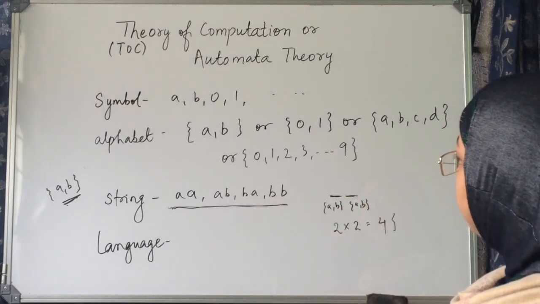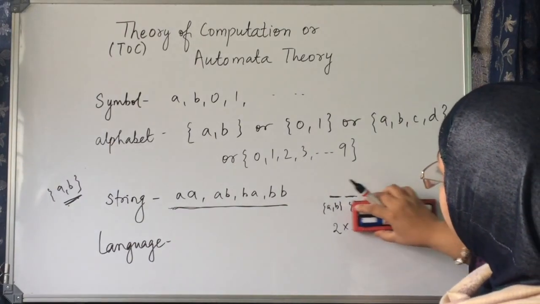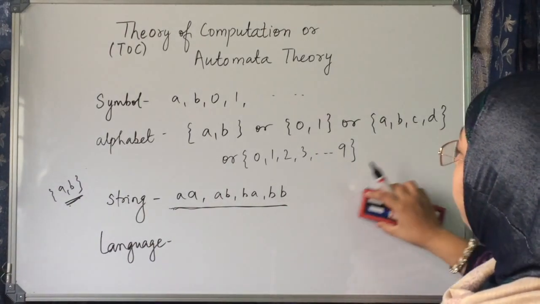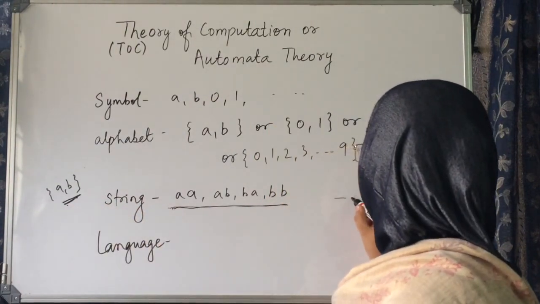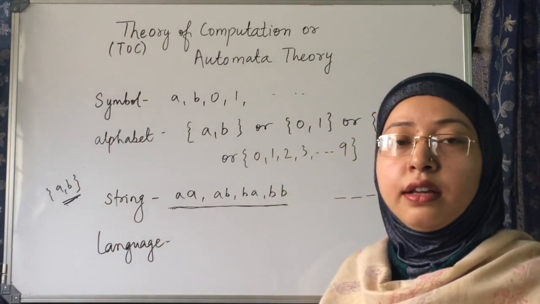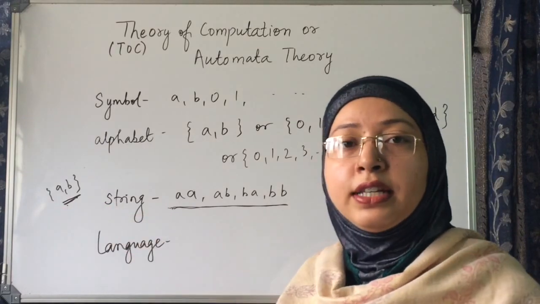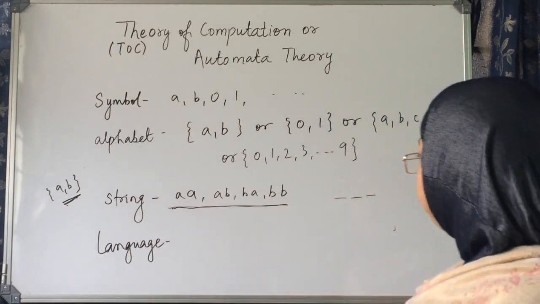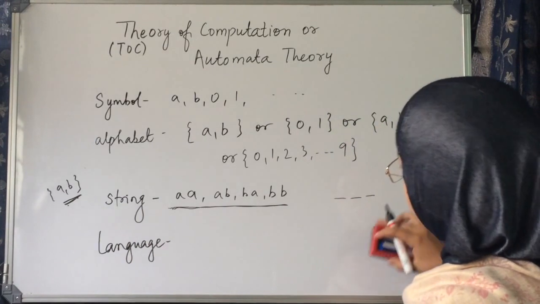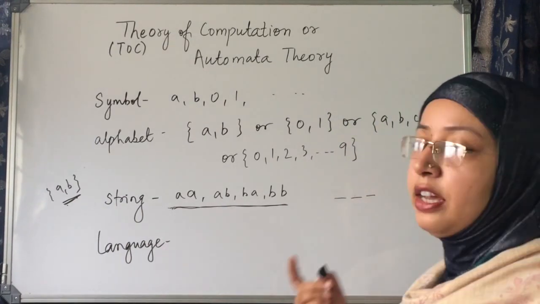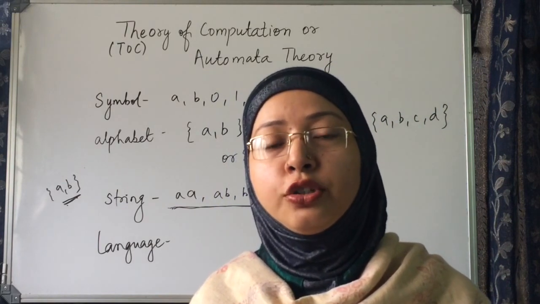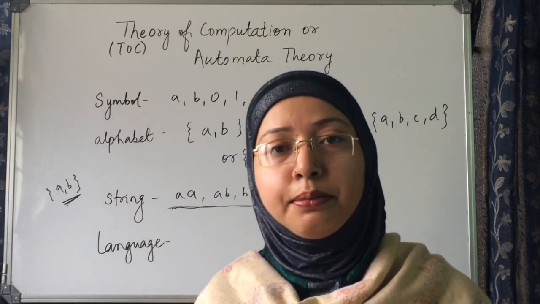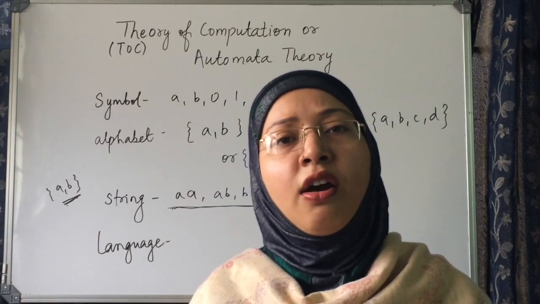If I tell you that you have to form strings of length 3 over this alphabet only, A comma B, then here also I have not mentioned whether A should be at the beginning or B should be at the beginning, or any specific symbol at any position.